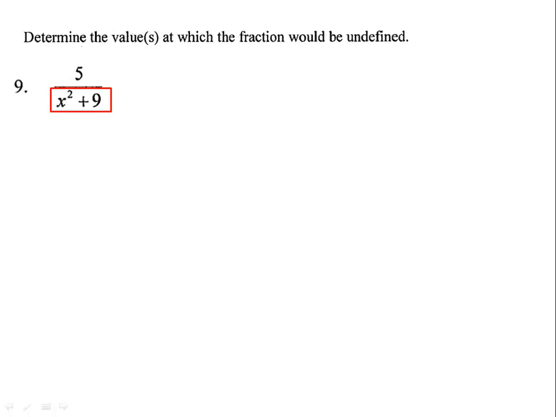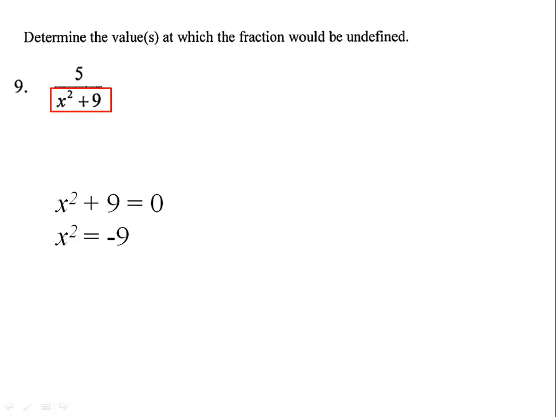Example 9 seems like a very innocent expression, 5 over x squared plus 9. We do the same thing we always do. We look at the denominator, factor, and find out where it would become 0. x squared plus 9 equals 0, then x squared must equal negative 9. But wait a minute. I can't think of any number that when I square it I end up with negative 9.